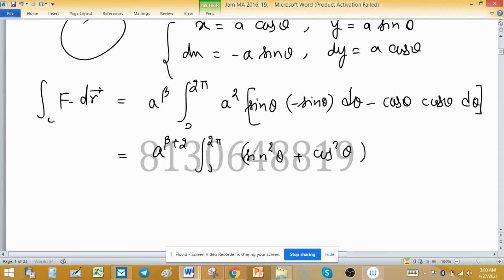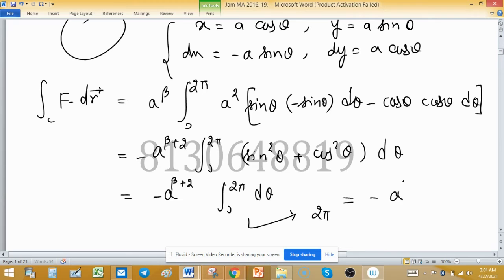Also take the negative outside, d theta. And this is an identity. So minus a raised to the power beta plus 2, integral 0 to 2 pi d theta. So the value of this integral will be 2 pi. So finally we obtained minus a raised to the power beta plus 2 into 2 pi.